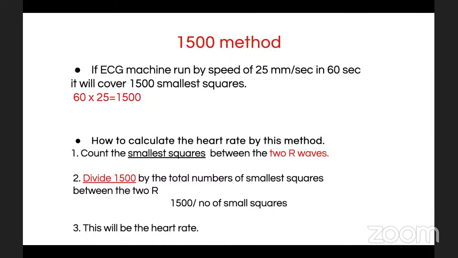How to calculate بهذه الطريقة؟ يقول لكم count the smallest squares between 2R waves، then ناخذ 1500 ونقسم عليها عدد small squares اللي طلع لنا. أوكي، 1500 over number of small squares، وبكذا this will be the heart rate. أوكي next slide.